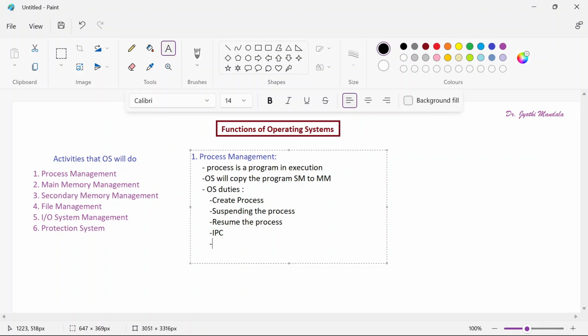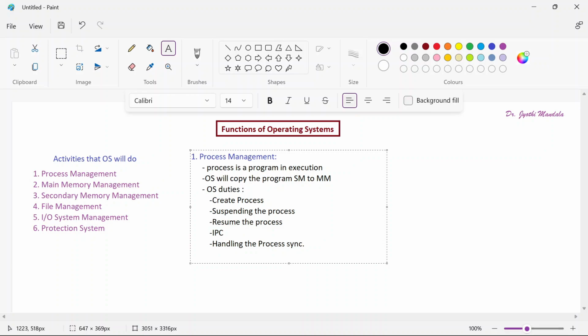The CPU should switch between the processes. All these things are nothing but handling process synchronization. So all of this will be taken care of by the operating system only, like which process should be given priority, and which process should be assigned to the CPU.